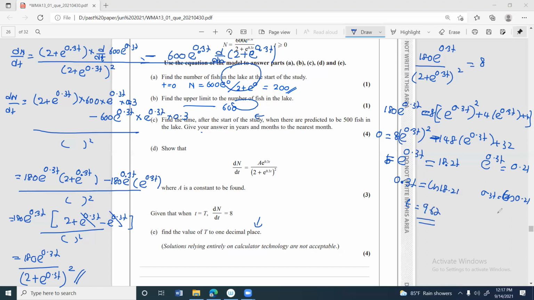And here this one does not exist. So t equals to ln 0.21, its minus value, divided by 0.3. After that only you can show minus 5.2. Minus 5.2, this is not existing, so you can get the answer 9.67 as the final answer for this question. That's the way.